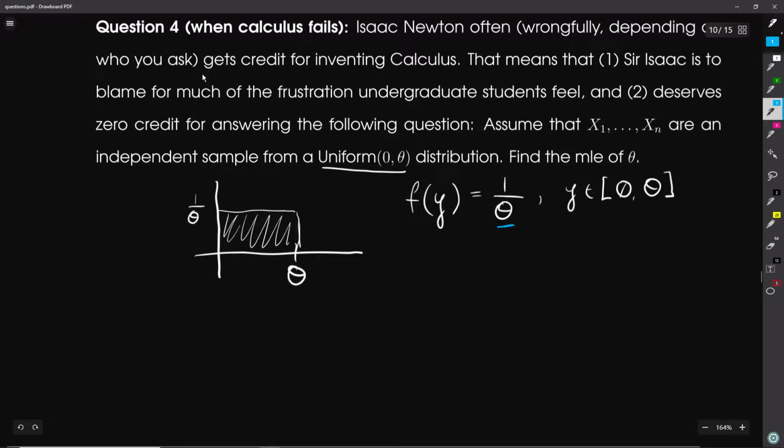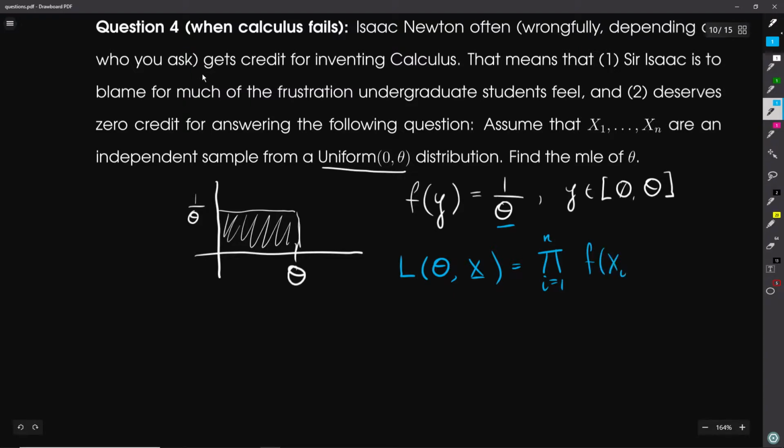So we might think to try and use the standard likelihood process that we've been using. Let's write that down. We take our likelihood function. It's a function of theta, and in this case, our sample is going to be x. That's the product from i equals 1 to n of our density. The last few examples have used discrete random variables, but we just insert our density wherever it's relevant.